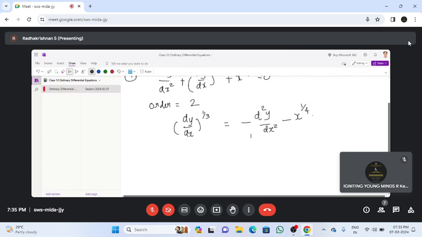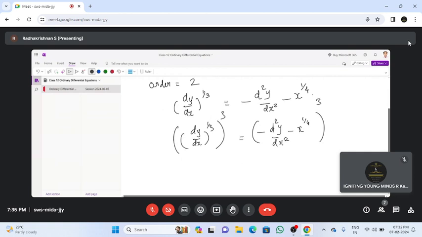The next, to eliminate the fractional power of the derivative on the left hand side, you take the third power of both sides. Okay, so then it becomes whole cube. So this will remove all the fractional powers as far as the derivative is concerned.